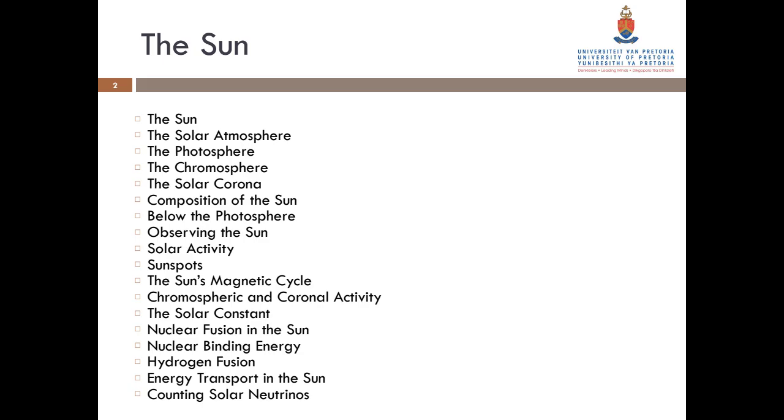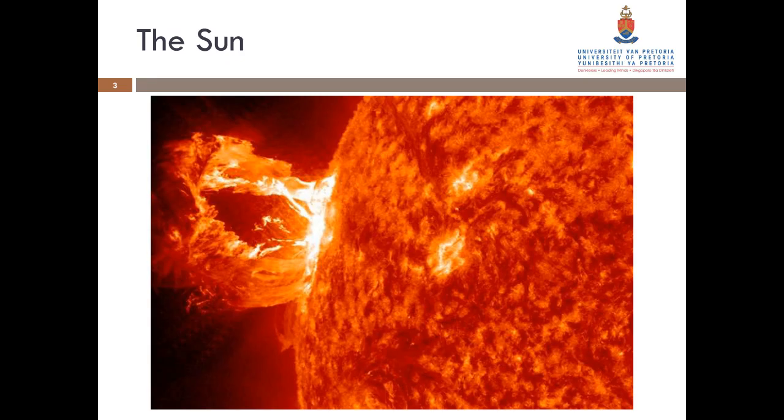So the solar atmosphere, photosphere, corona, solar corona, what the composition of the sun is, its stages and cycles it goes through, the solar wind, how it fuses energy. So this is going to be a very thorough understanding of what the sun is. So I want to start out with this image. Do you guys know what this is?